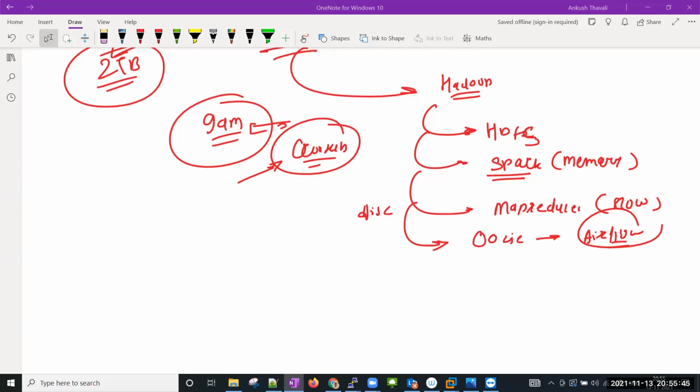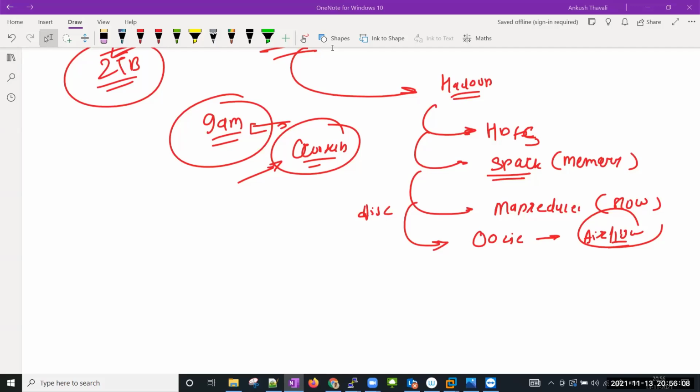Now it comes to executor memory, and suppose you think the file size is only 500 MB, so why not give 500 MB for the executor memory? Your job is going to fail if you give the same memory. Why?